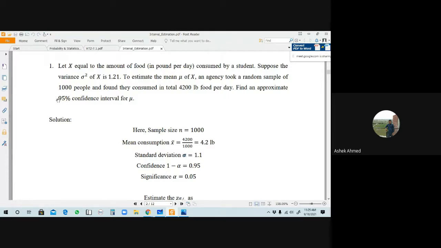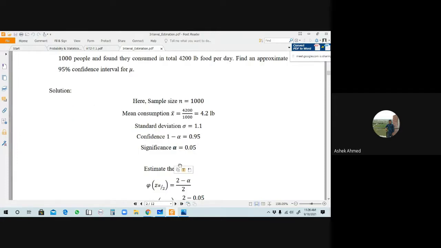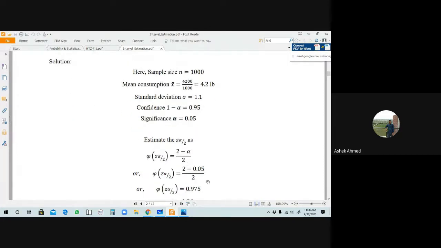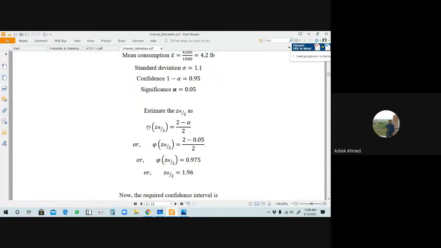They have given the approximate 95% confidence interval. Okay, so this will be the value of the confidence coefficient. Okay, from here we will determine the value of alpha; after determining the value of alpha, that is called the significance level. Okay, you can determine the value of z by using this formula, applying this formula, this is the alpha, determine the value, that will be 1.96.